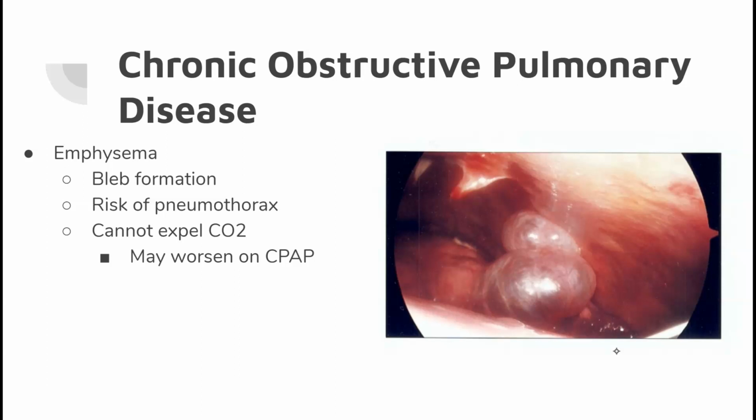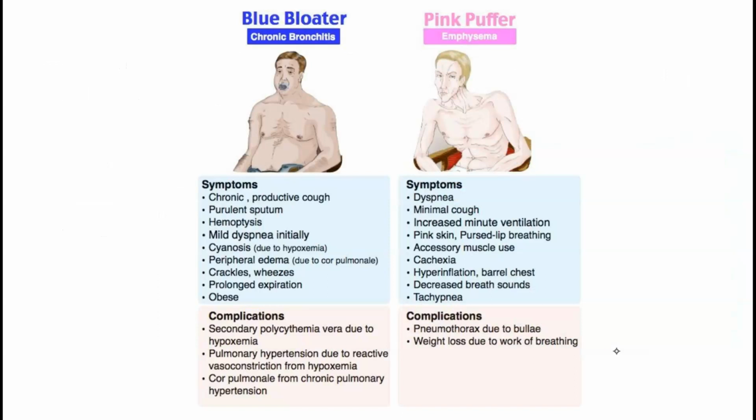The problem is that it's very difficult for you to know if the patient has a bleb. So this is, again, where close monitoring of your patient and constant reassessment is important, because if you have a patient who's got a hard time breathing because of COPD, you put them on CPAP and all of a sudden they get worse, you might want to take them off, right? Because now you might need to decompress them.